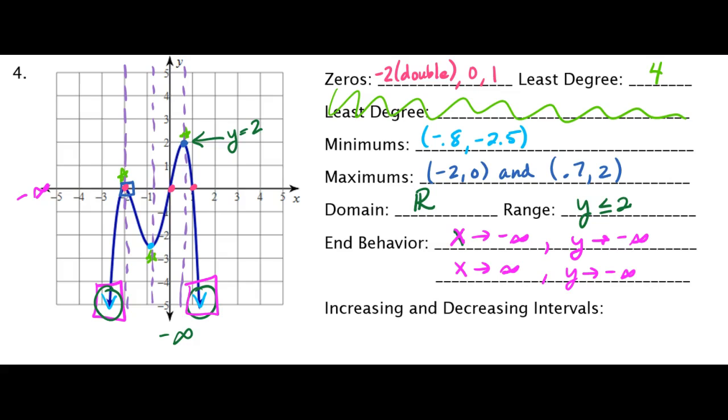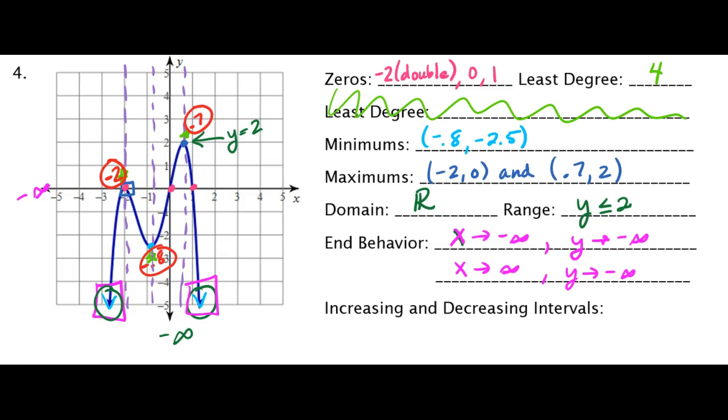I'm going to write them in red. The first boundary line is -2, so I'm going to put a -2 with a circle around it. This minimum in here, we said that that was -0.8. And our last one is up here, and we said that it was about 0.7. So I'm going to put a 0.7 here. These red numbers are the only ones that I'm going to use in my intervals.